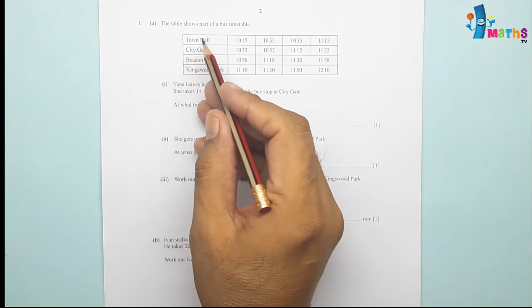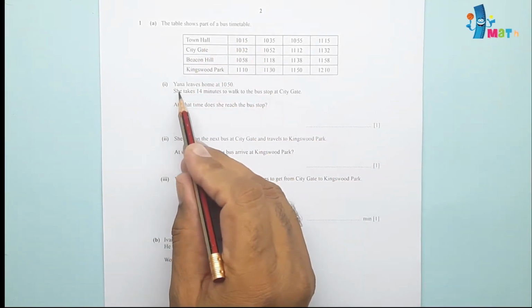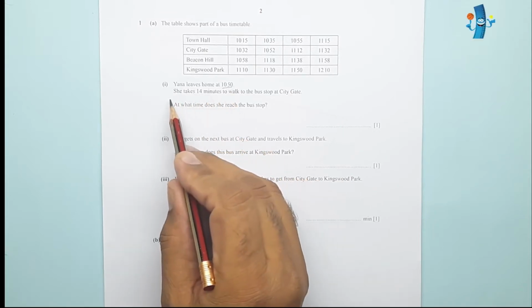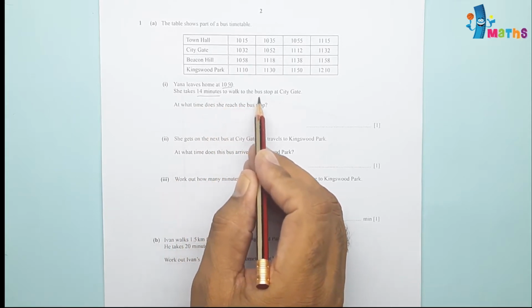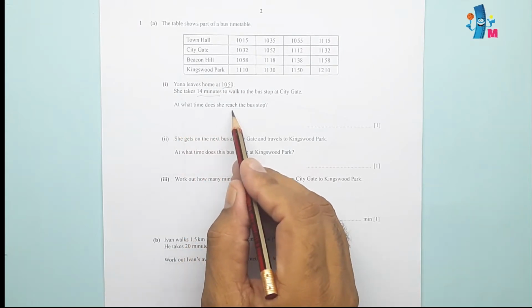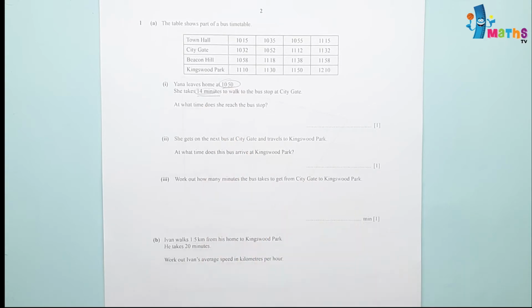The table shows part of a bus timetable. This is given. Yana leaves home at 10:50. She takes 14 minutes to walk to the bus stop at Citygate. At what time does she reach the bus stop? So we have to add these two times.